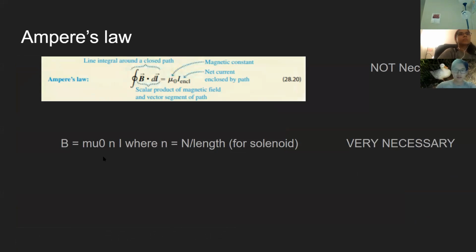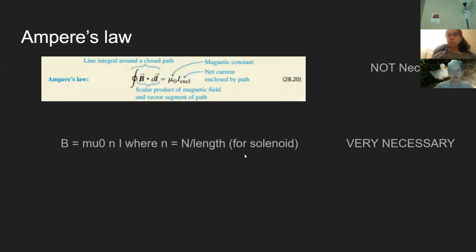So after this is derived, the magnetic field of a solenoid will be equal to mu naught n i, where n is equal to the big N divided by the length.